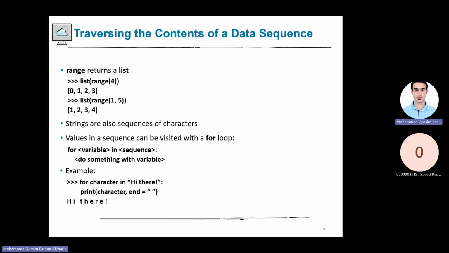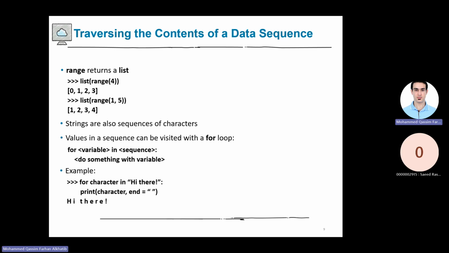For example, for character in "hi there". So this character will have values from "hi there", each character at once. The first iteration is the letter H. The second iteration is the letter I. The third iteration is the space. The fourth iteration is the letter T, and so on. So that's what we call traversing.